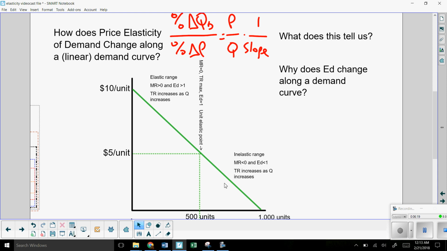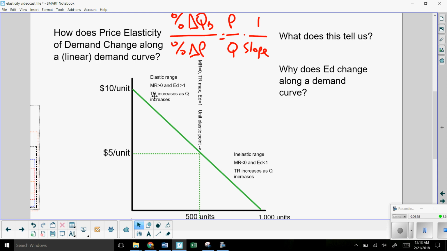We can infer all of these things. Those will go with points in the bottom half of the demand curve, or we'll discover, hey, it's a unit elastic point. And for any linear demand curve, that turns out to be the midpoint between the price intercept and the quantity intercept. And that's the one that's marked here in green.